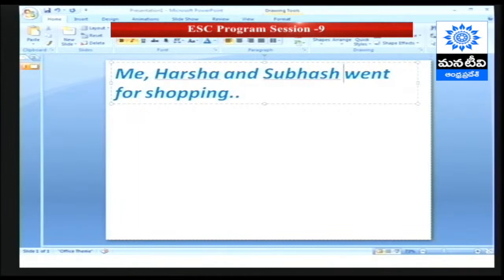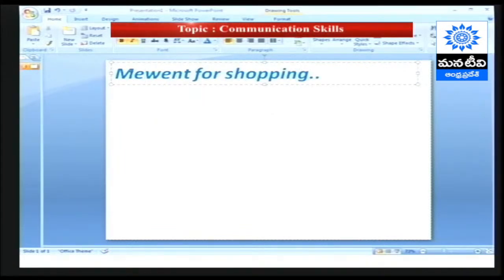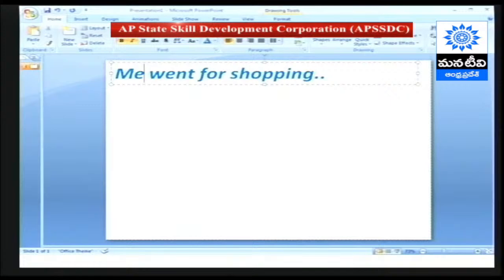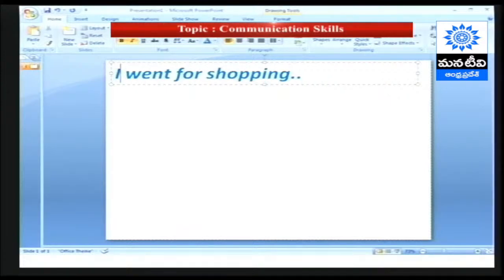Another way of making a mistake where people usually use this: me, Harsha, and Subhash went for shopping. Now, here again, if I remove these two gentlemen, it still becomes me went for shopping, which means this is incorrect. So what am I supposed to do? The correct form is I went for shopping.